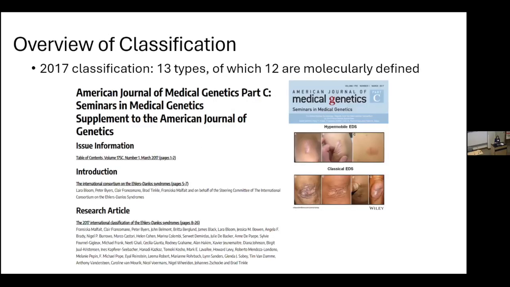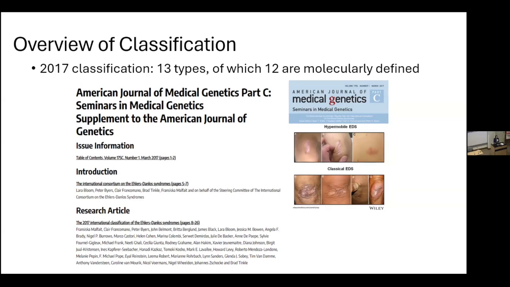The classification that we're using today was published in 2017 in the American Journal of Medical Genetics, and it grew out of a symposium that was held in New York in 2016. It was the first meeting of the International Consortium on the Ehlers-Danlos Syndromes and hypermobility spectrum disorders.